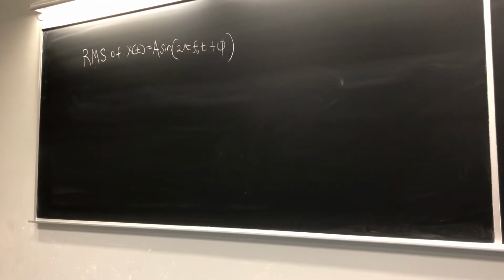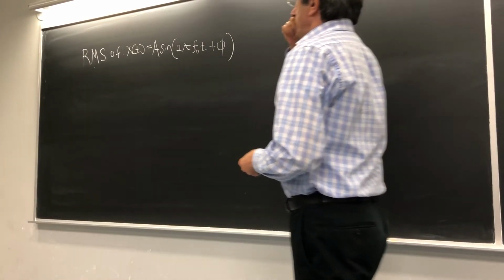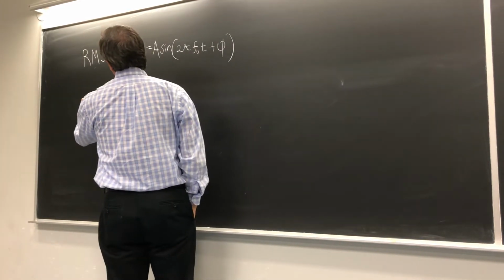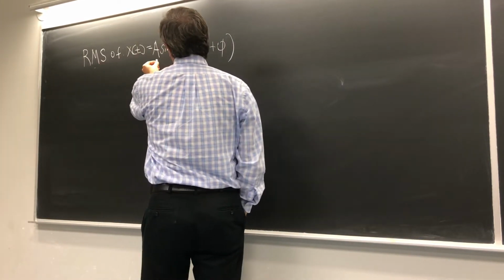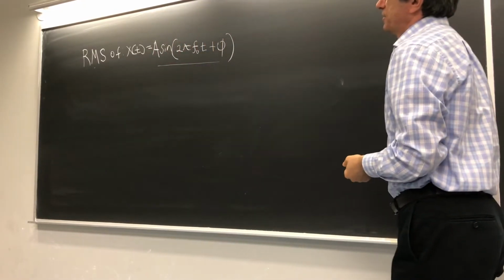So the question is about the calculation of the RMS value of a sine wave. As we know, the RMS value indeed involves taking the integral of the squared version of the signal.